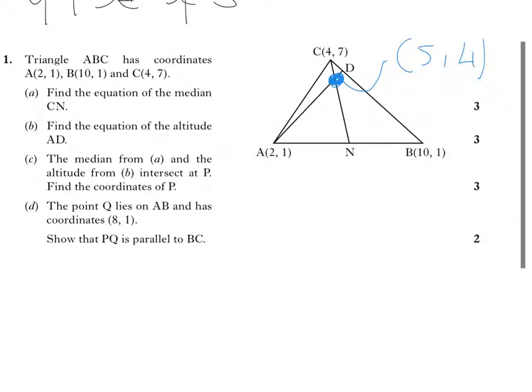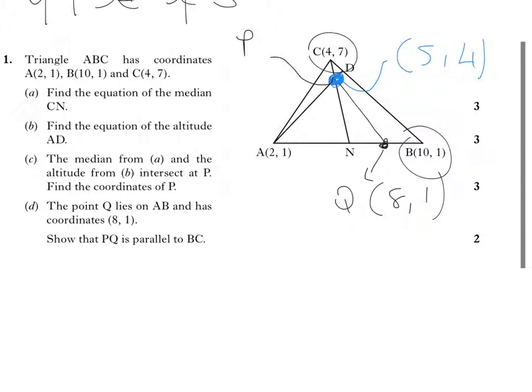Part D says the point Q lies on AB and has the coordinates (8, 1). Show that PQ is parallel to BC. So that was the point P. So there's PQ, and we're looking to show that that's parallel to BC.